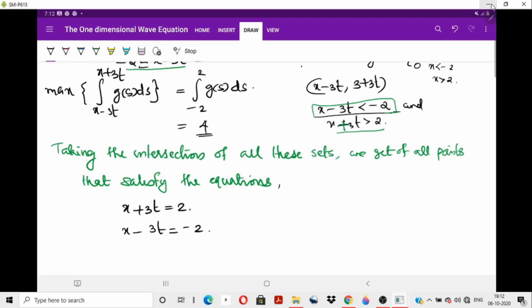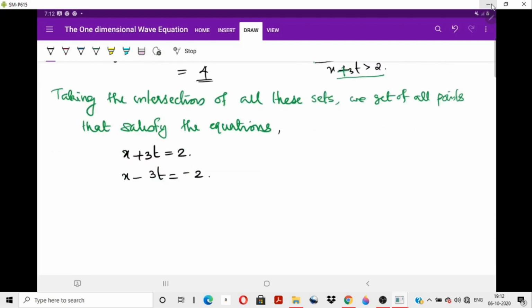So we will get the point of intersection by solving these two equations, and that point will give the point at which the maximal value is obtained. Adding these two equations, we have 2x equal to 0, that is x equal to 0.